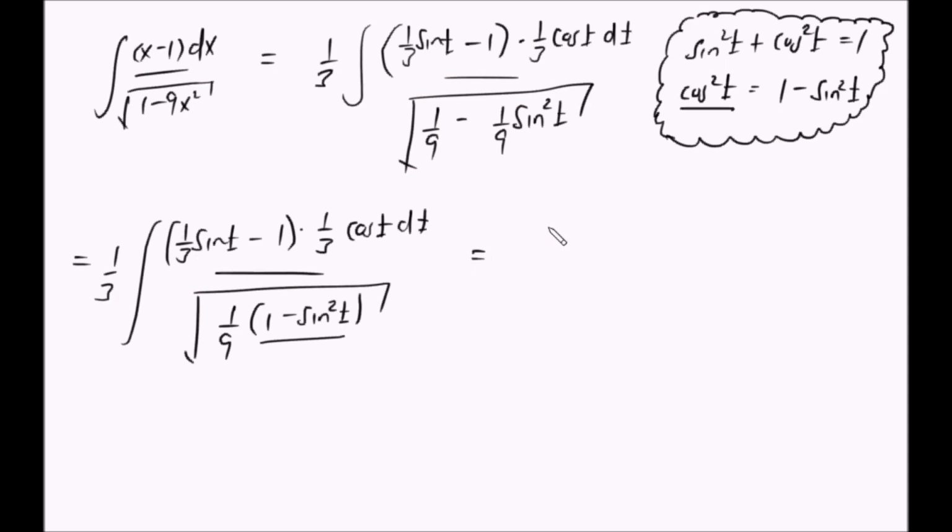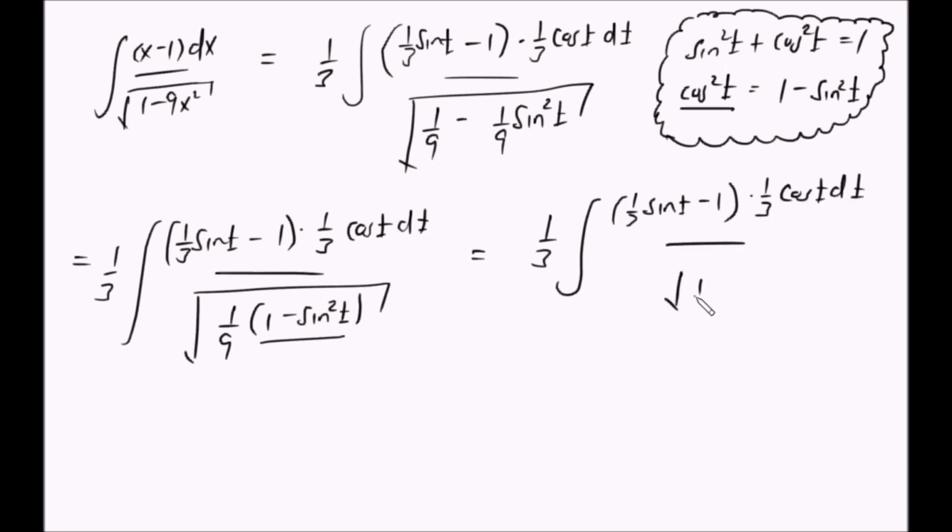So tunaiweka hapo, so itakuwa ni 1 over 3 integral. So we have 1 over 3 sin t minus 1 times 1 over 3 cos t dt over the square root of 1 over 9. So hiyo 1 minus sine square t ni cos square t.